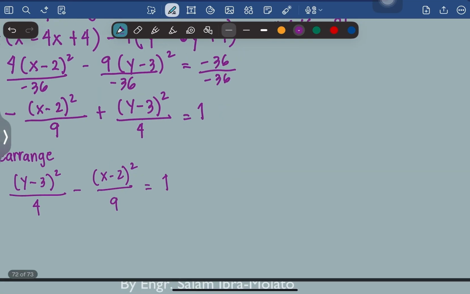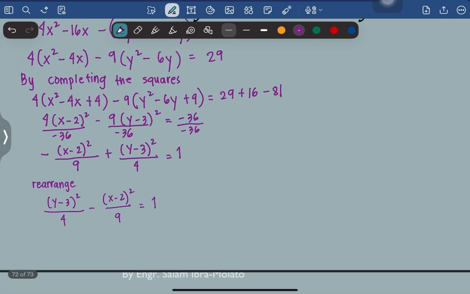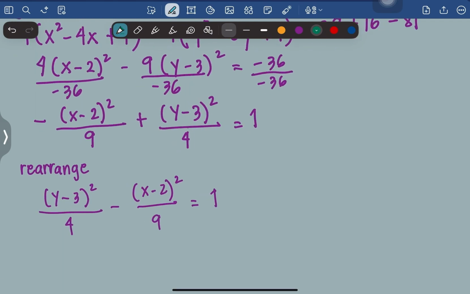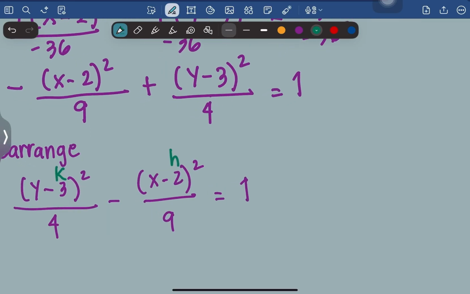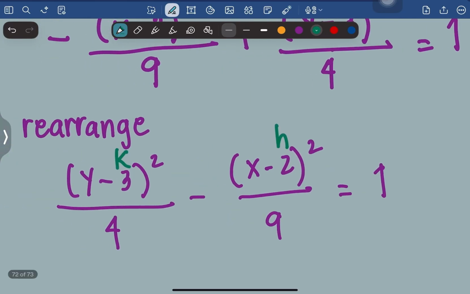Then, for the center, to determine the center, we'll look at this number. This is the h and this is the k. Remember, class, that the h is the x coordinate of the center. So, katabi niya din yung variable x. Then, for the k, that is the y coordinate of the center. So, katabi niya is the y term.